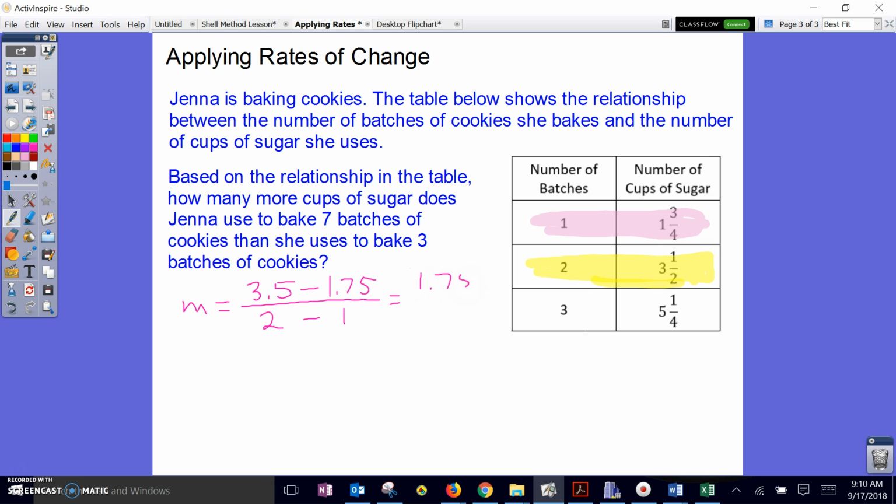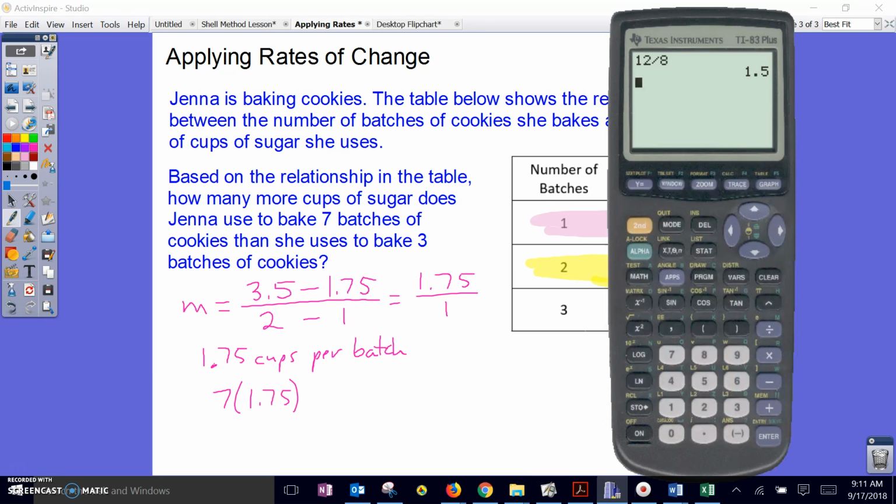And then I go ahead and calculate, and she uses 1.75 cups per batch, which makes a lot of sense since she used 1.75 cups for the first batch. So since she uses 1.75 cups per batch, she will use a total of 7 times 1.75 cups for 7 batches.